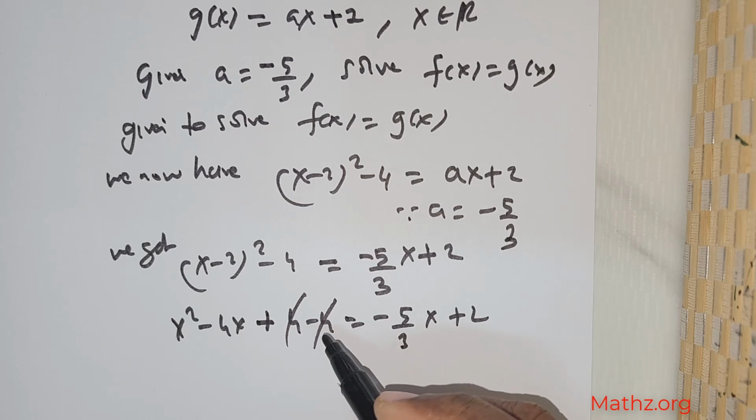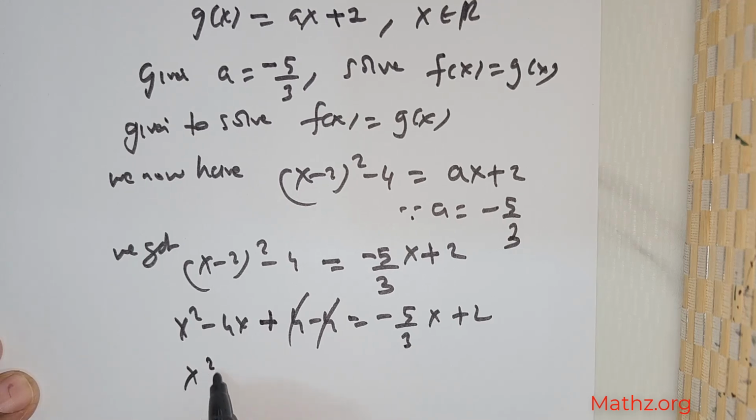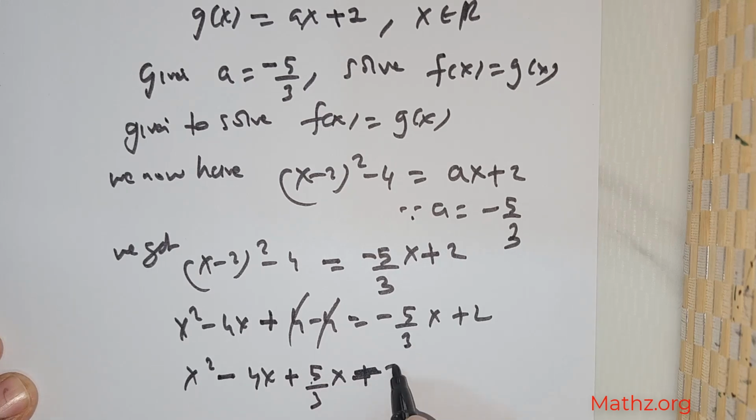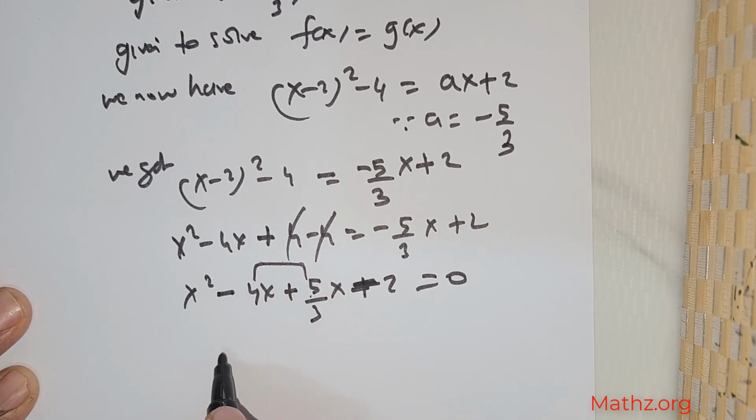Now -4 + 4, this goes off, and I'm going to bring everything to the left. So it's going to be x² - 4x + 5/3 times (x - 2) is equal to 0. Now these two can be clubbed.